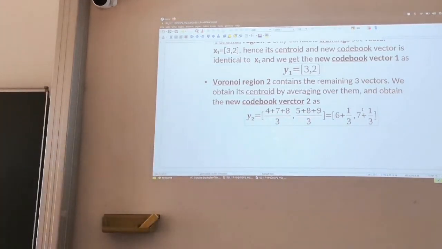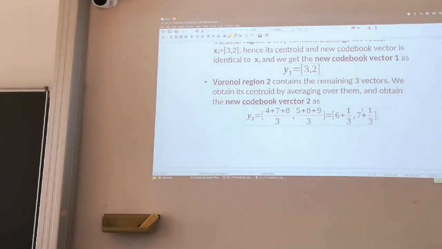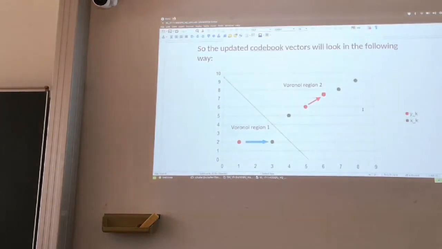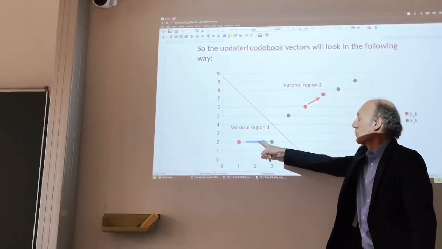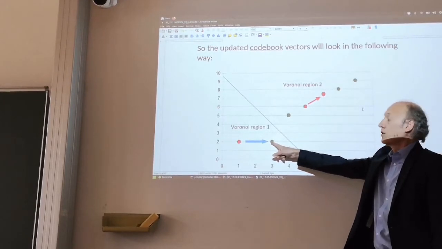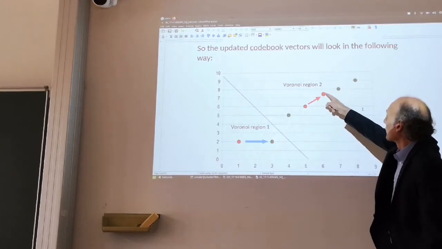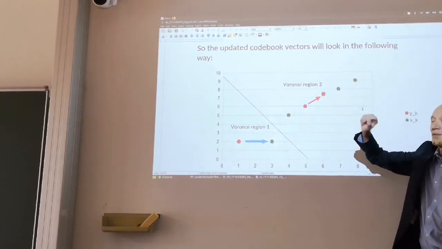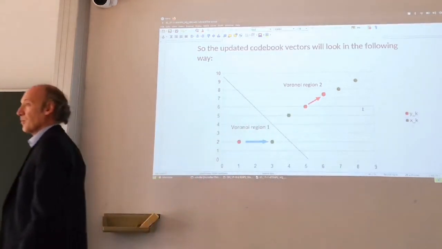So the updated code vectors will look like this. We move the old code vector to the location of this training set vector, and we move this location from here to here. So pretty much like we estimated. This is the centroid of those 3 points, the average of those 3 points.